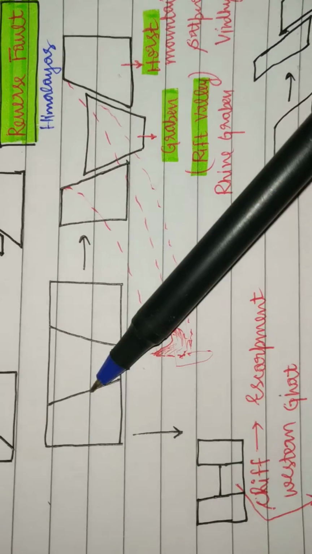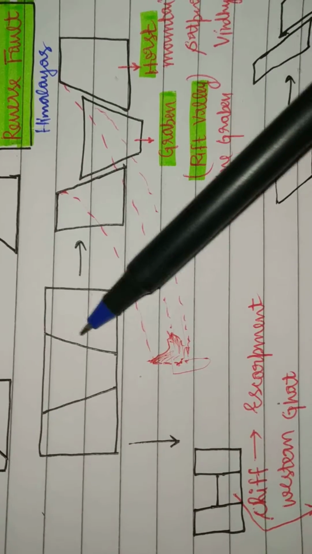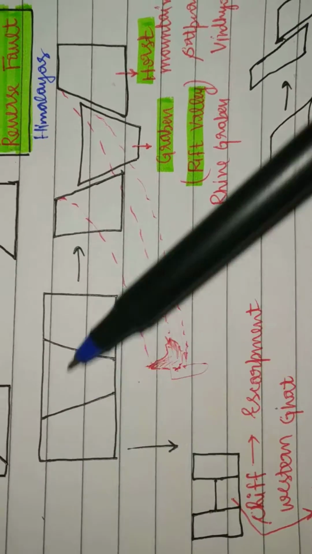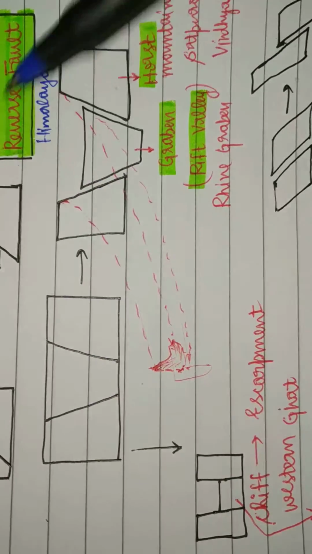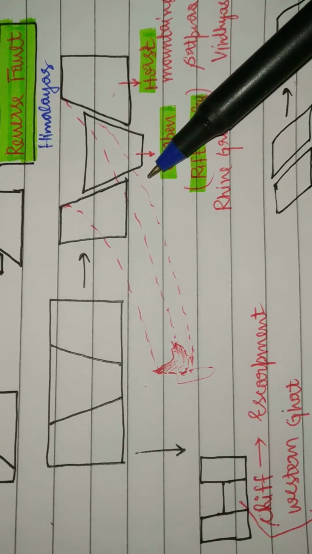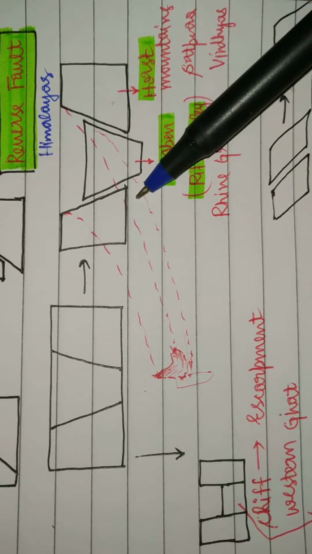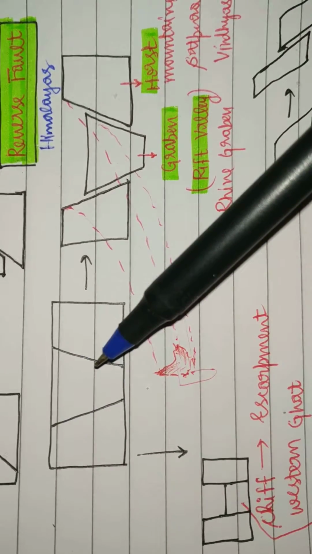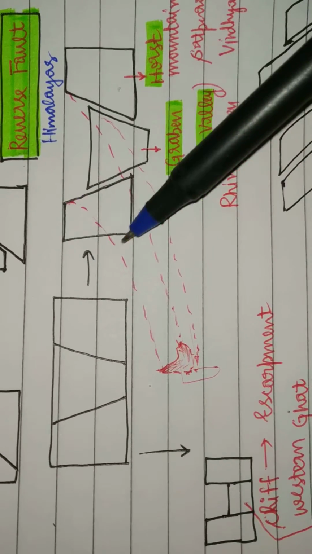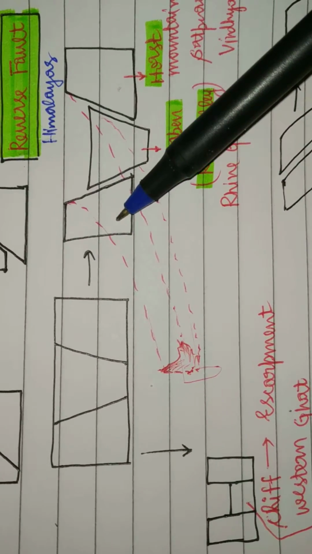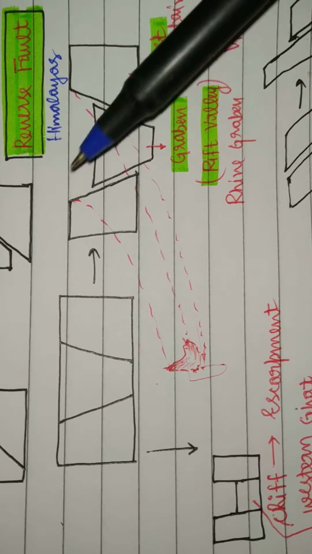If in a mountain some weak zones form and due to the tensile stresses the middle portion goes below, okay, now the rock here would be seen elevated as compared to this.